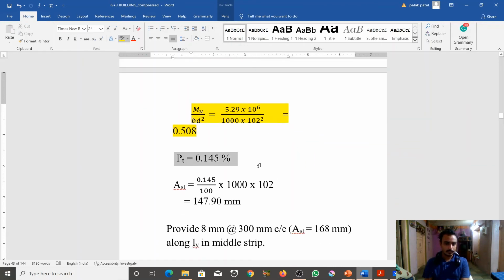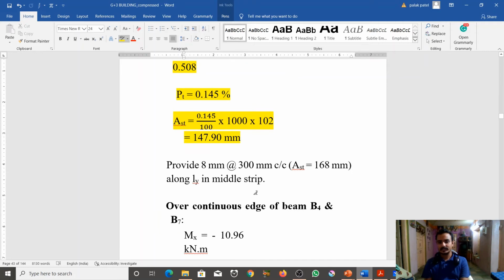Find pt, 0.145 from SP 16 page number 37. Next Ast. So area of steel is 147.90 mm square. This is along the Ly direction. So 8 mm diameter bar at 300 mm center to center.